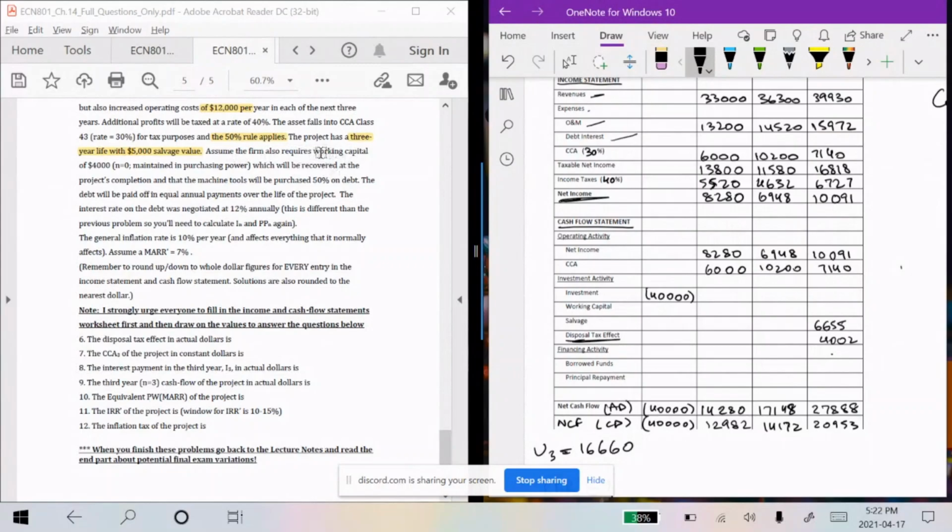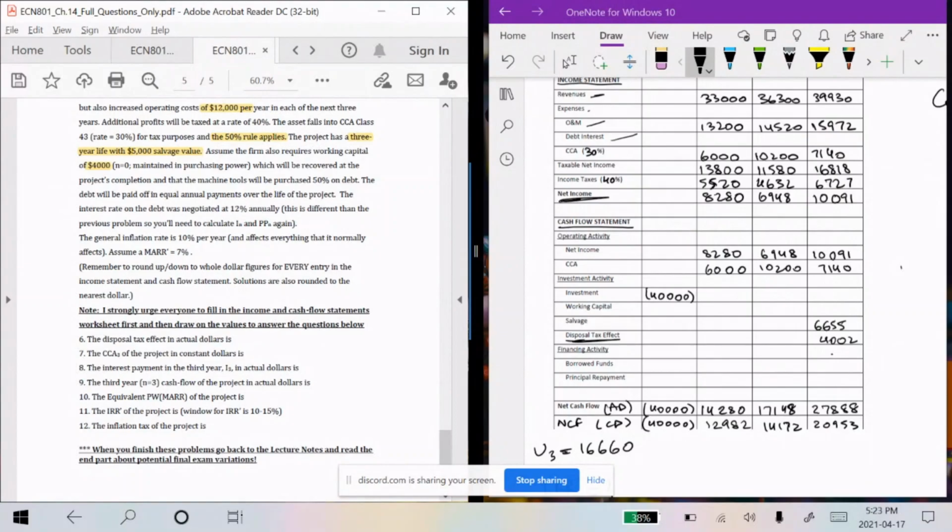Also requires working capital of $4,000. So the working capital is basically how he explained it to us: suppose you go to a restaurant and the waiter there needs to carry a pouch to keep track of change, or in a grocery, they keep a separate box to give you change. So that is the working capital that any company keeps. That is like the day-to-day expense that might be completely expensed, or it might get left over.